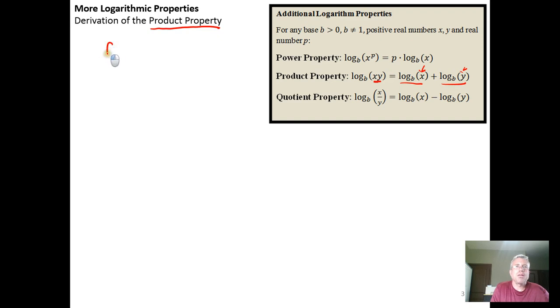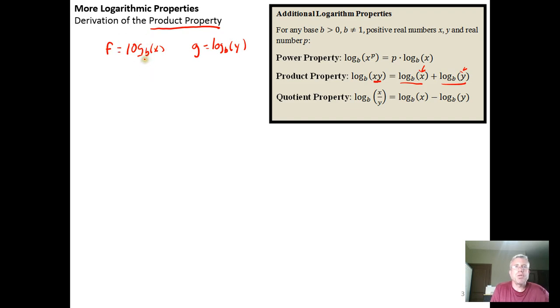I'm going to say, hey, the logarithm base b of x, I'm going to name it f, and the log base b of y, I'm going to name it g. And I can put each of these into exponential form.